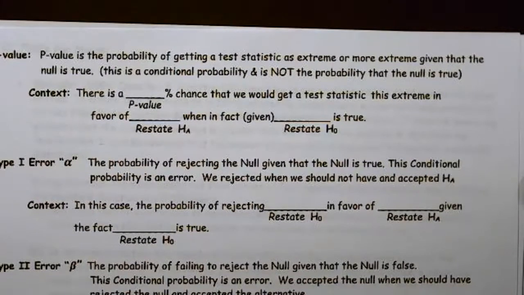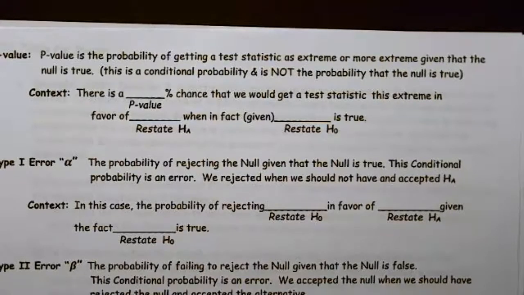And at some point we sit there and go, I don't believe the null is true because the probability is too small. For instance, there's a 43% chance that we get a statistic this extreme if the null is true. Well, that happens a lot. That's almost flipping a coin. So that happens a lot, so it could be true.